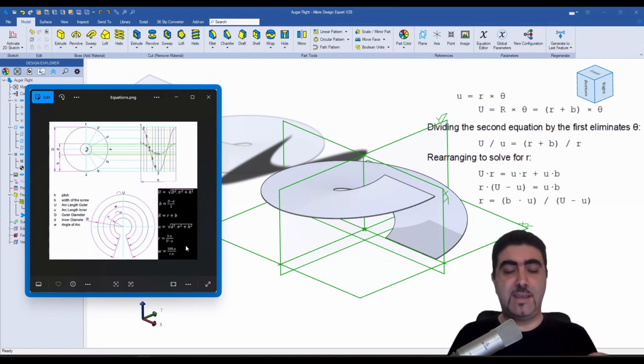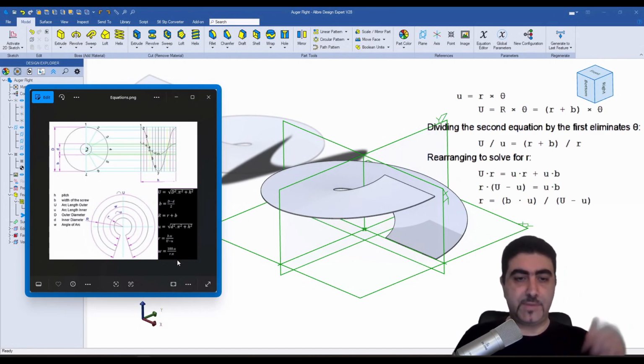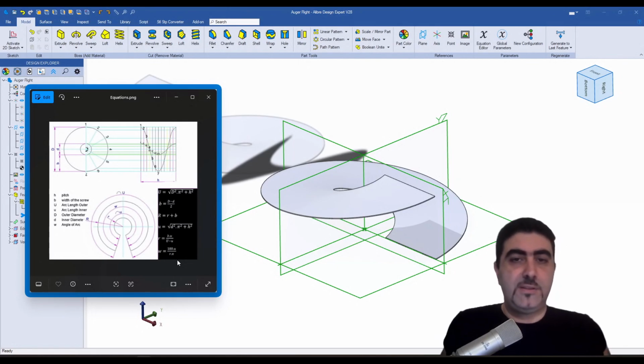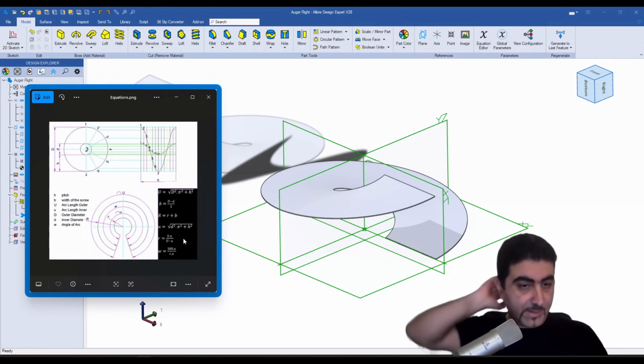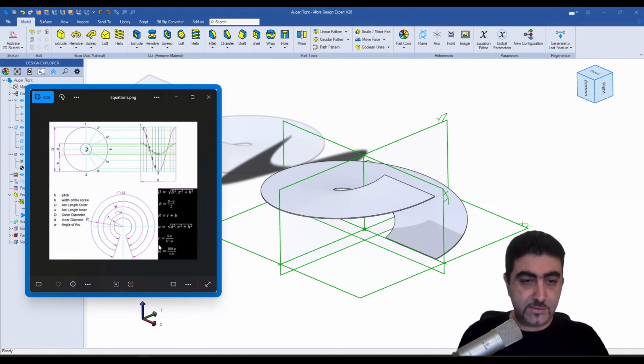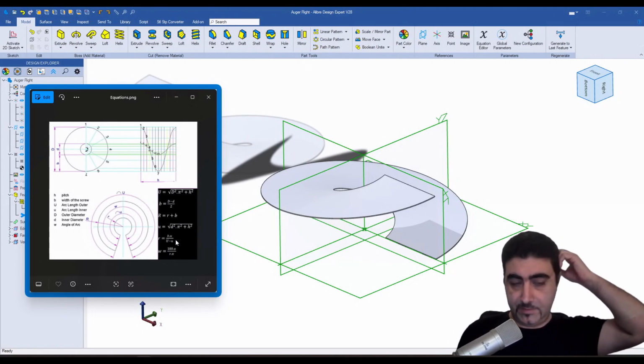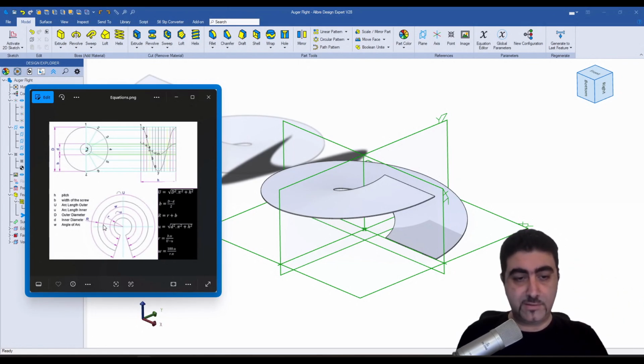I've prepared a Word file that you will find a link to down in the description, and also in the Alibre forum, which goes through this entire process in a bit more detail, right? But basically, you get to the smaller radius like this, and then you add the width, and you get to the larger radius.